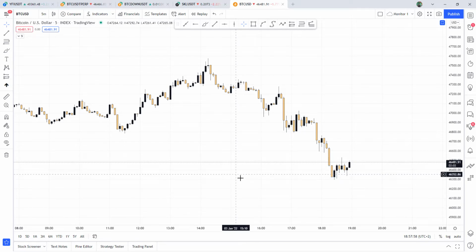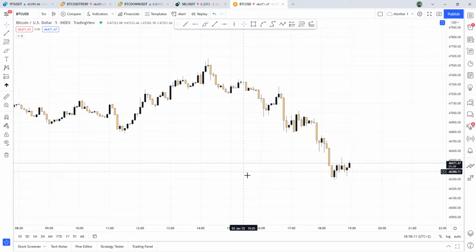Okay, so I'm gonna start with levels. The concept of trading levels and support and resistance are the most highly discussed in technical analysis. Okay, so they are the most important in technical analysis.